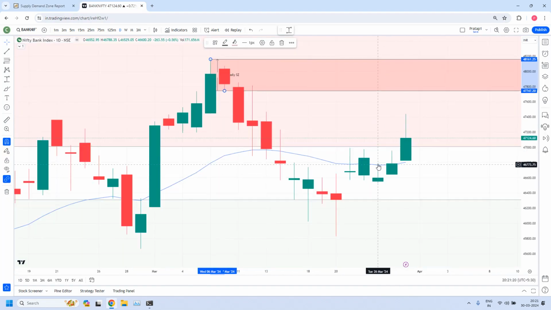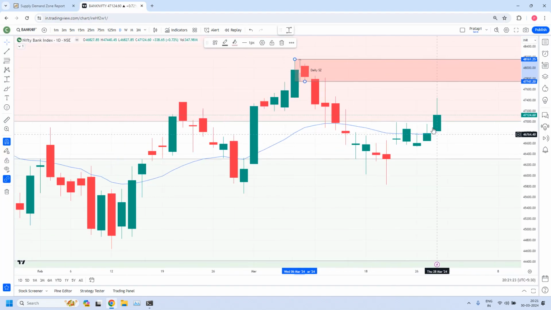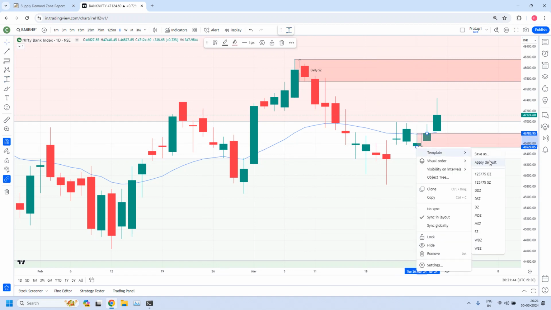I think it has considered this as an ERC candle, but okay, anyway, because the software way of identifying the zones is different compared to the human way. So this is a leg out, no doubt. So I am considering this as a leg in, and these two are the base candles. So this is the immediately available daily demand zone.